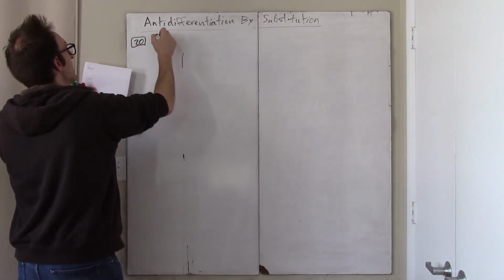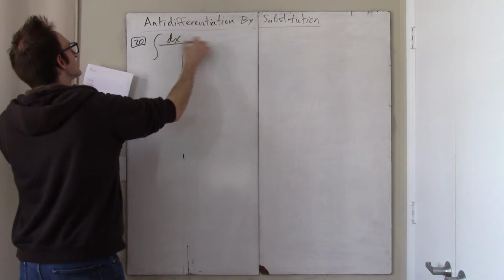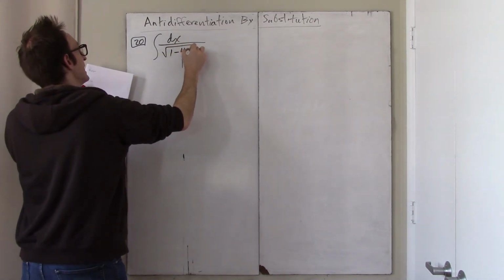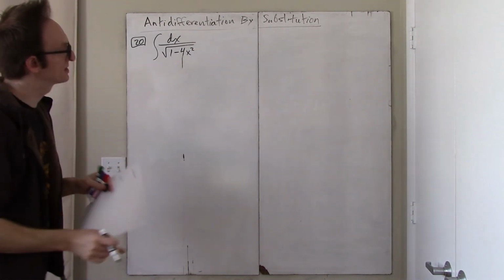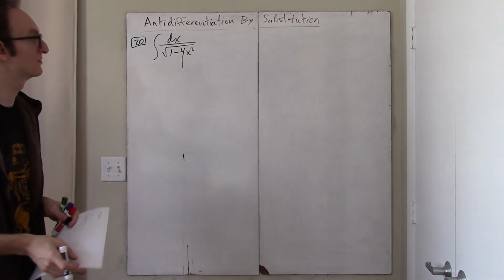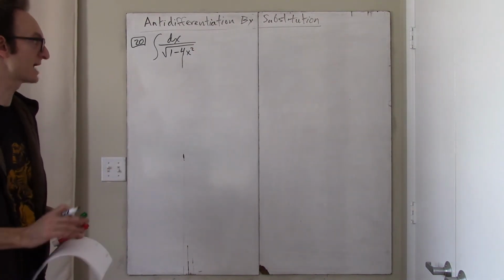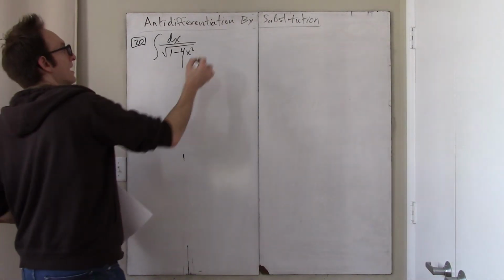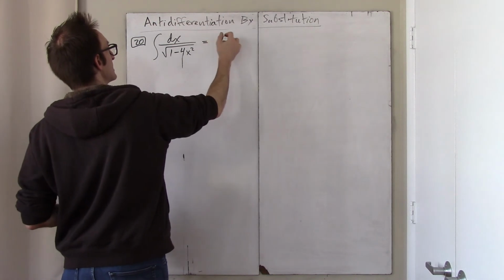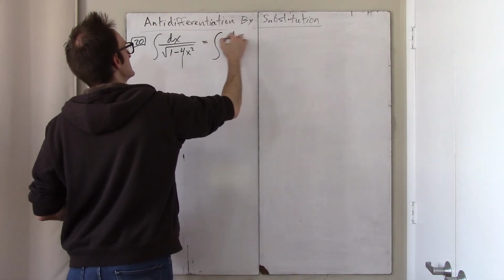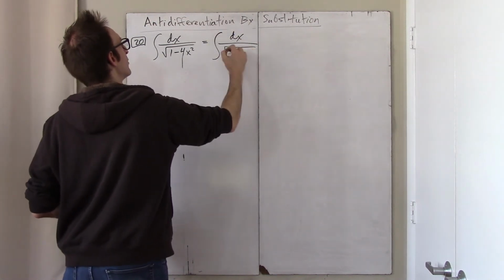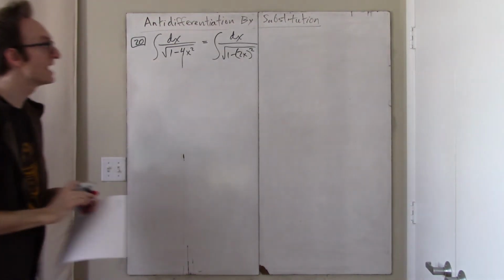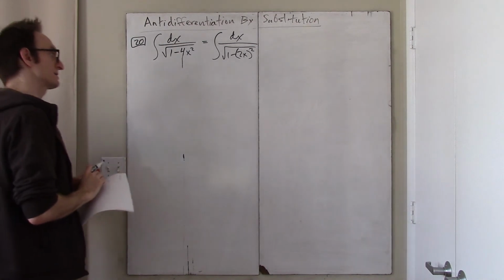So 20. We may have done a problem almost exactly like this last week, and basically the gist is that you should see that this is looking very much like arcsine, and you just need to know the derivative of arcsine. If I write this as dx over root 1 minus 2x quantity squared, now it's looking very much like arcsine.